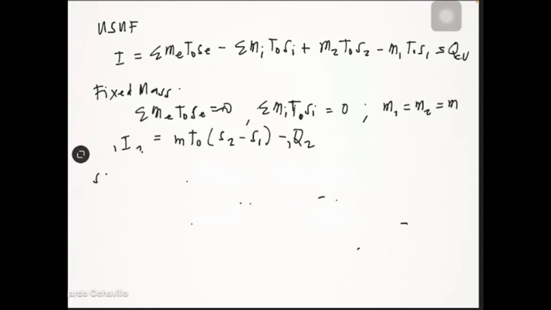Now, again, your TO is your surrounding temperature, no? Surrounding temperature. That one, that's surrounding temperature.